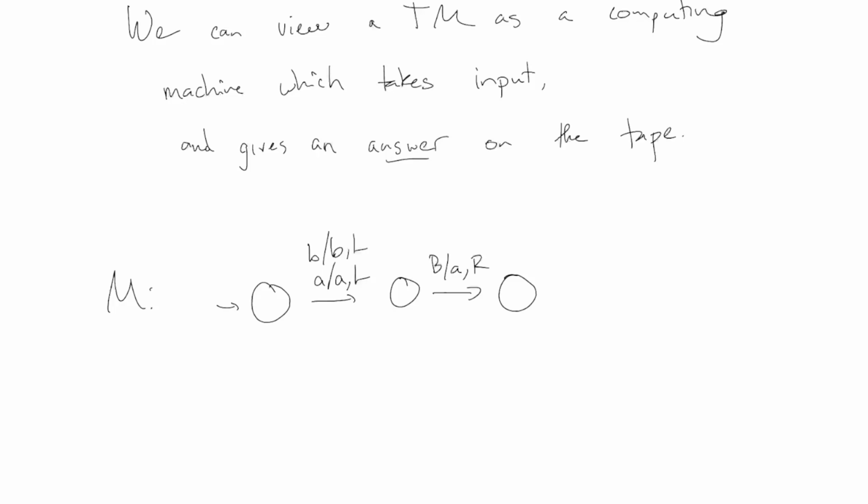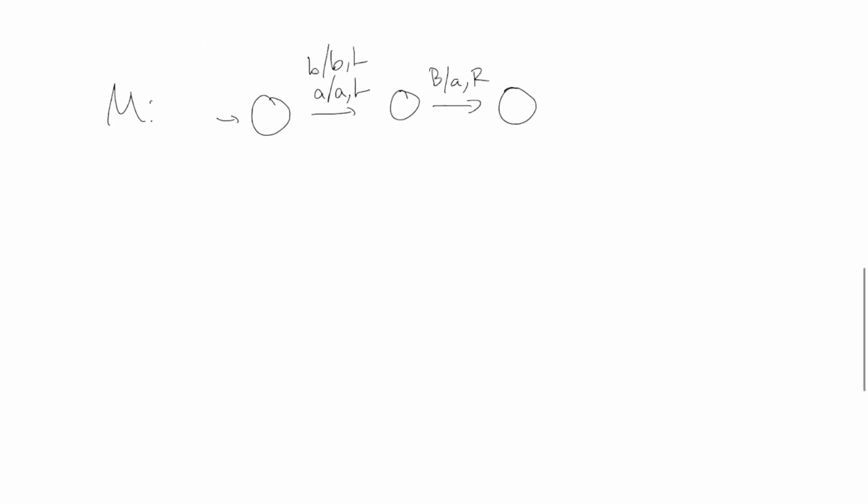So this Turing machine has no accepting state. That's because I am not thinking of this as a thing which accepts or rejects a string. I'm thinking of this as a computer which begins with some string on the tape, and then it does some stuff, and then it ends with a different string on the tape. So let's try and decide what exactly this does.